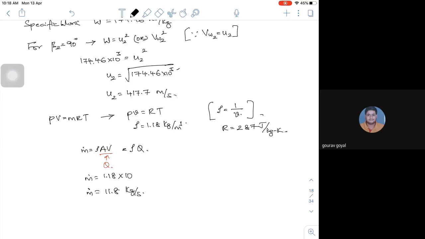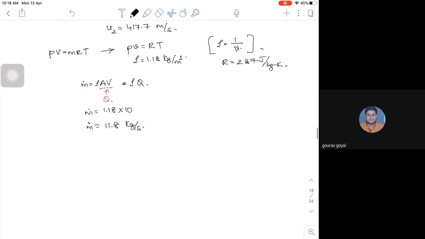Now what is my power? Therefore, the power required for the compressor, P, is equal to m dot into the corresponding specific work done, which we have already calculated as 174.46 kilojoules per kg.